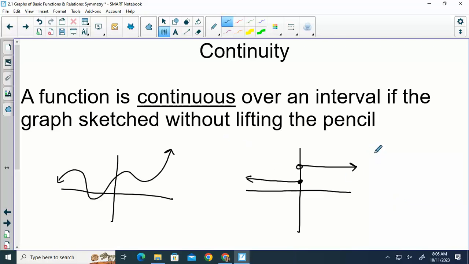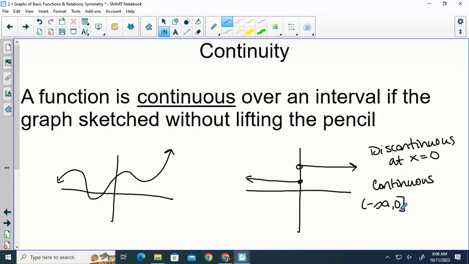We normally will list it as like an x value, so this one is discontinuous when x is 0, or we could say it's continuous everywhere else. So you could say from negative infinity to 0, into its closed circle, so bracket, union, then start up at 0, and went to infinity. So we could say that.